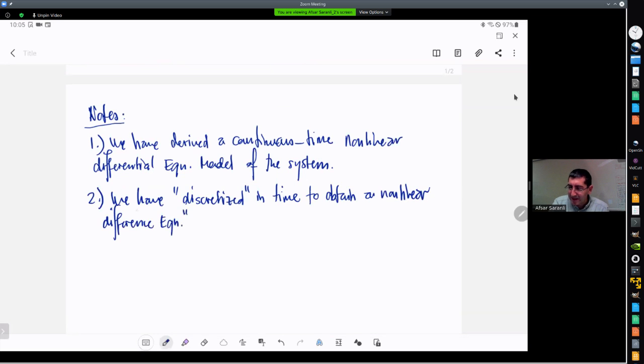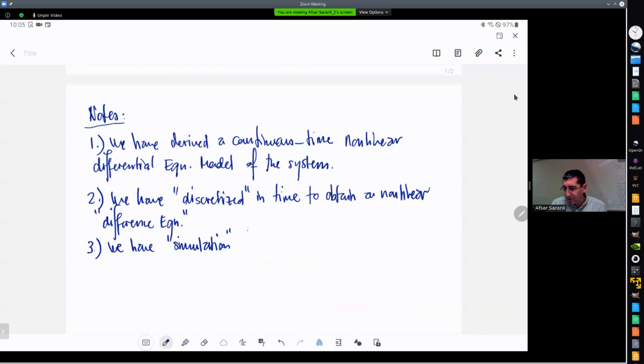So the model has become a difference equation rather than a differential equation. And then we have simulated. This is called a simulation, a numerical run of the system model.